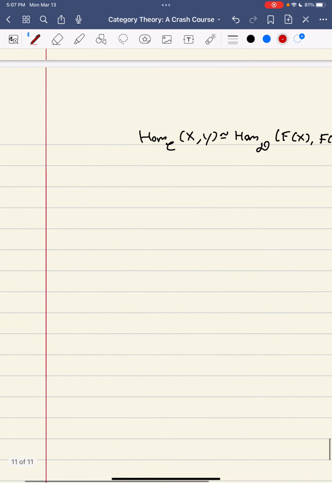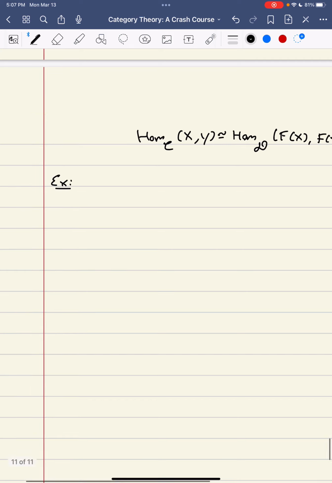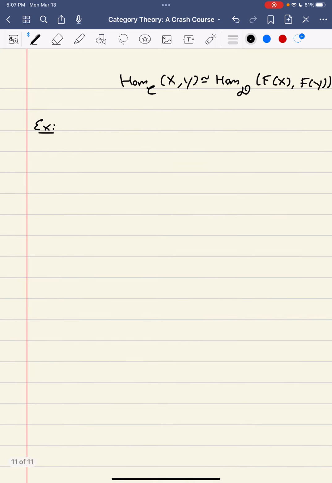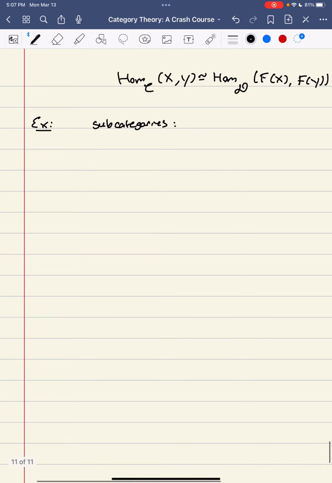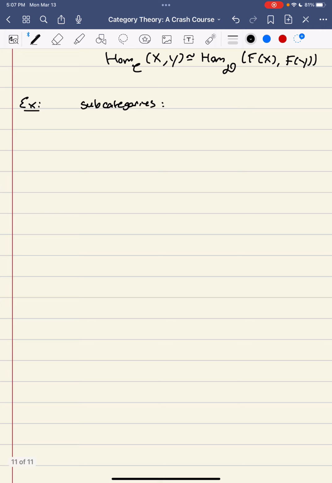This comes up frequently in the concept of subcategories and full subcategories. For example, if I have the category of finite sets, maybe I'll write FinSet, this is a subcategory of the category of sets.